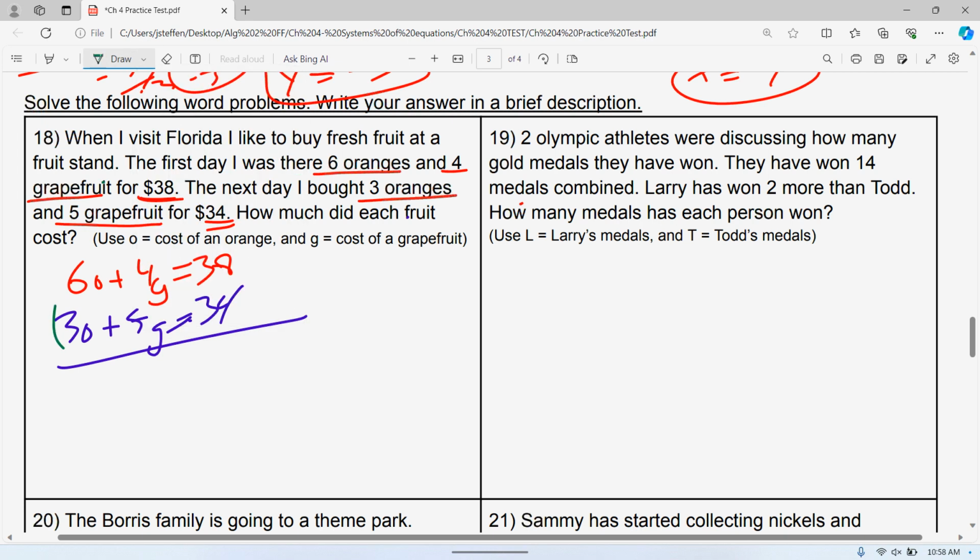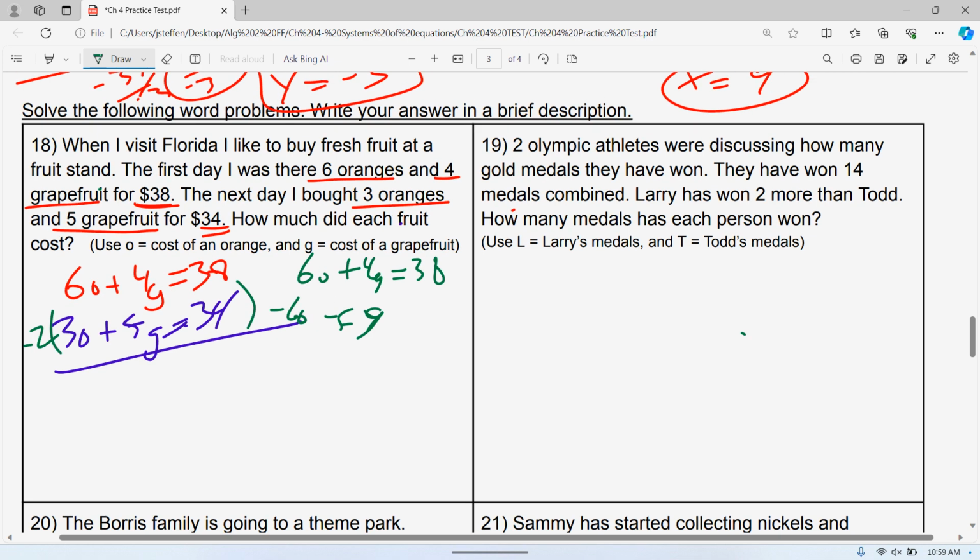Combination for this one. So negative G is equal to 68.